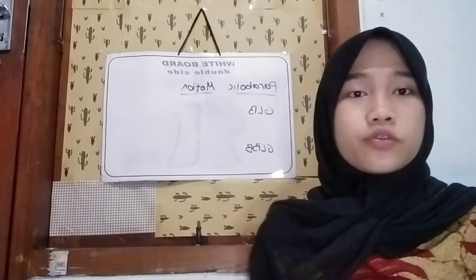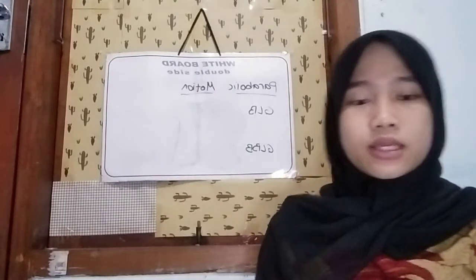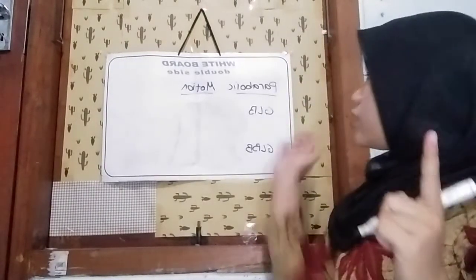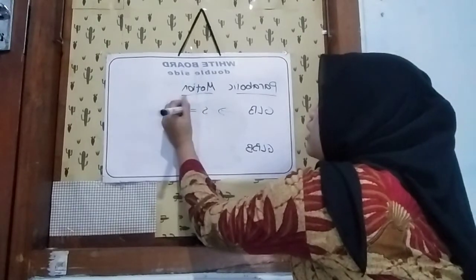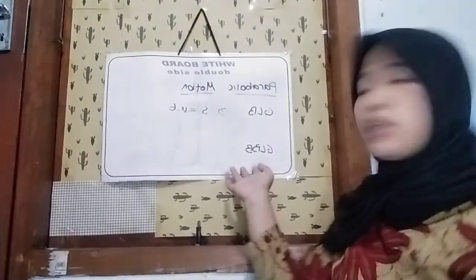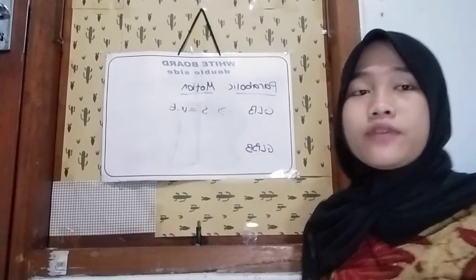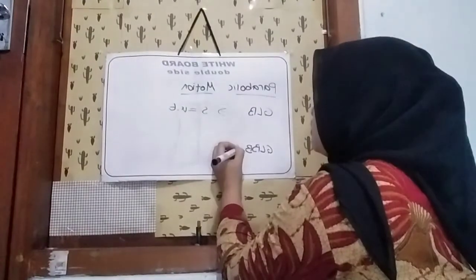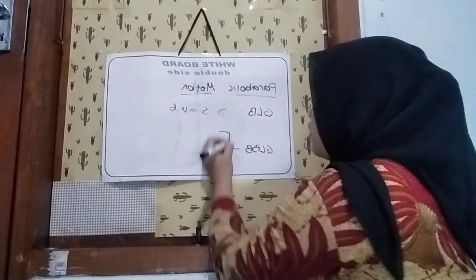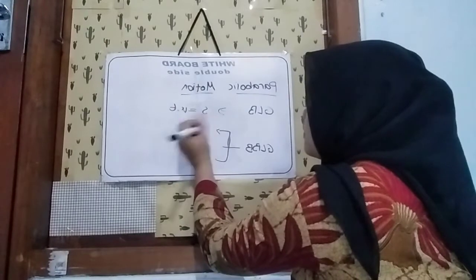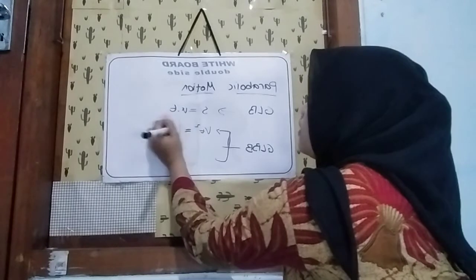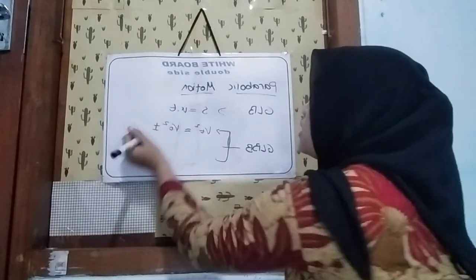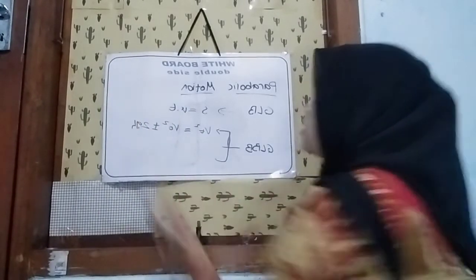The important thing in GLB is S equals V times t. In GLBB there are three important things, and you must not forget them. First, Vt squared equals V0 squared plus or minus 2 times a times h.